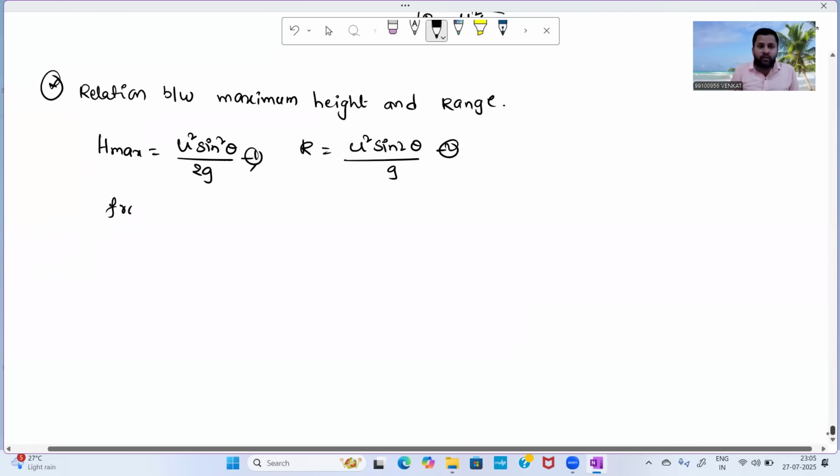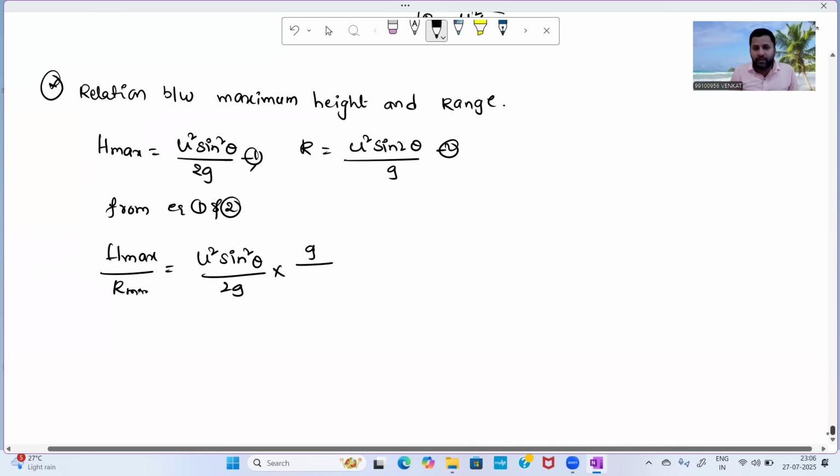From equation 1 and 2, we can write H max by range, or R max also. Then what do we get here? u square sin square theta by 2g into the reciprocal, g by u square sin 2 theta.